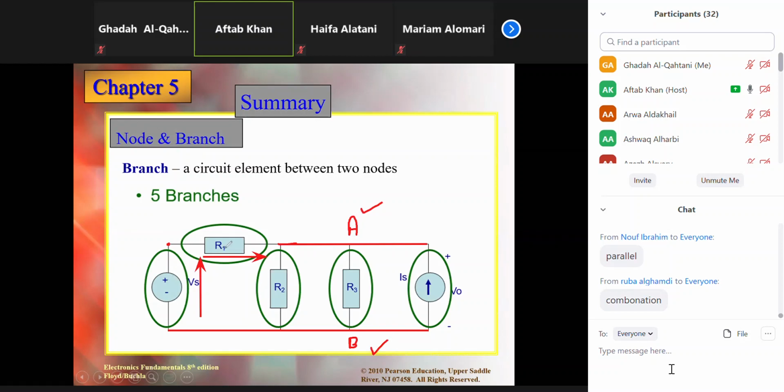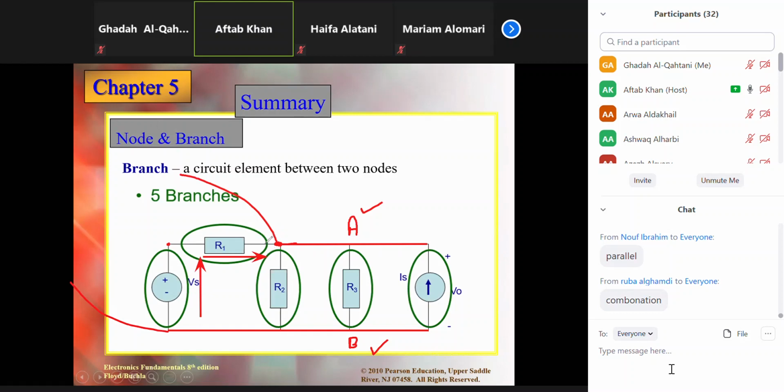Now VS and R1 are not in parallel. Even VS is not parallel to anyone because it is in series with R1 first, and then this combination. If I say from here to here, this is in combination with R2, R3, and this one. But alone, neither R1 nor VS is in parallel.